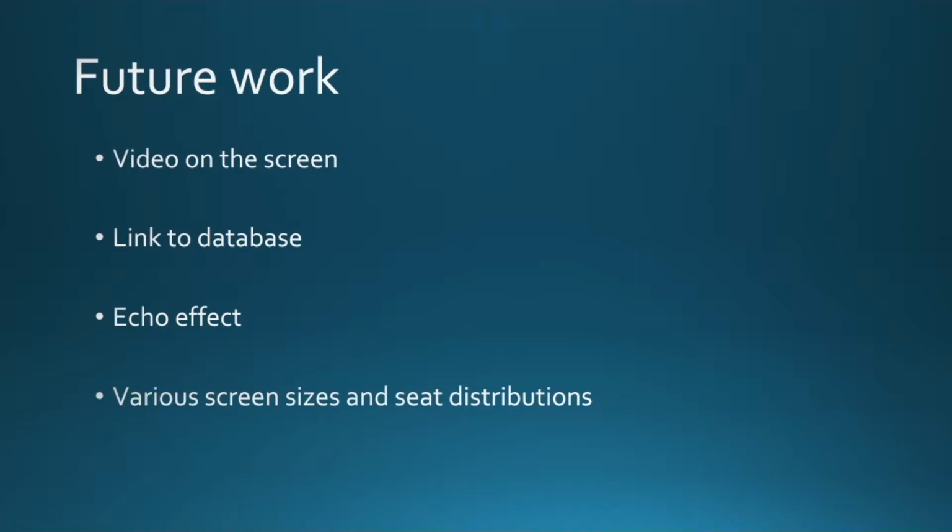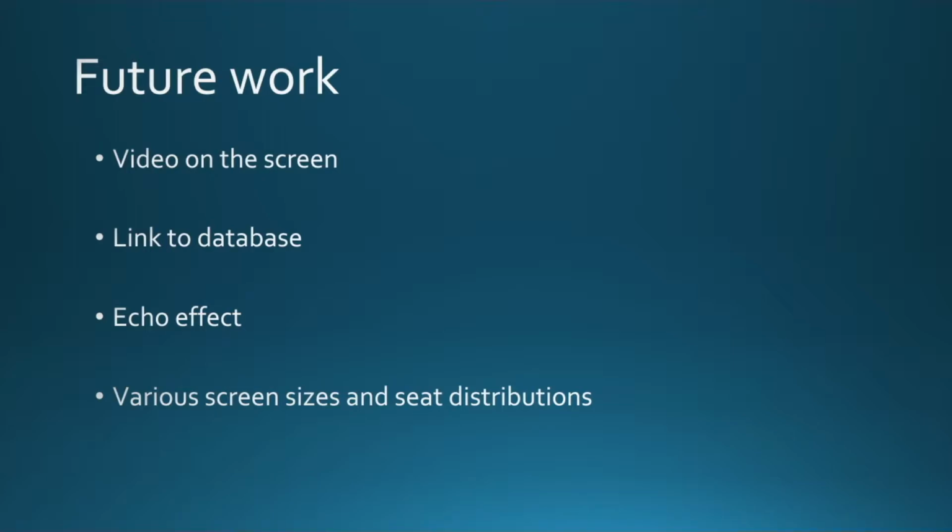Secondly, the current project we made has no links to any database. If we combine some database technologies with it, our system can offer information about which seats are available and which are not, and the system can realize the actual booking actions when the seat is selected.